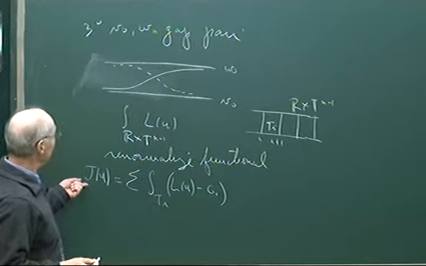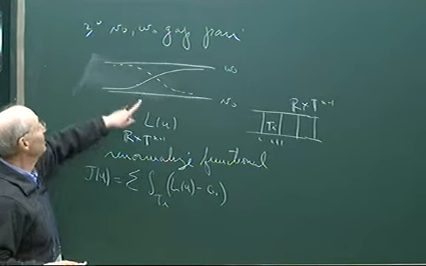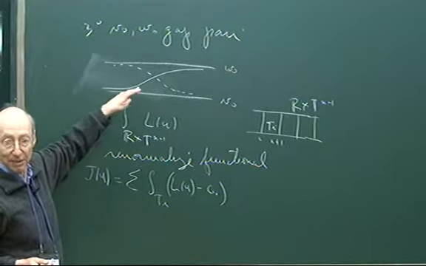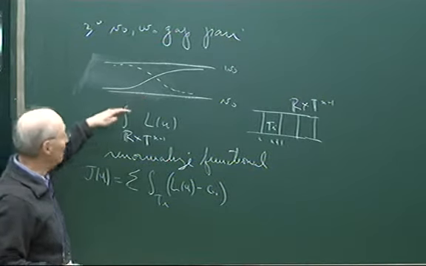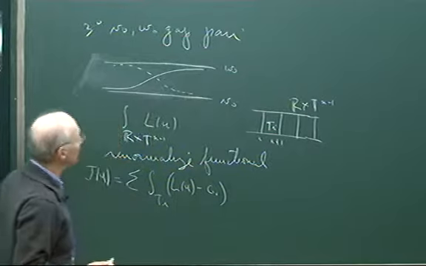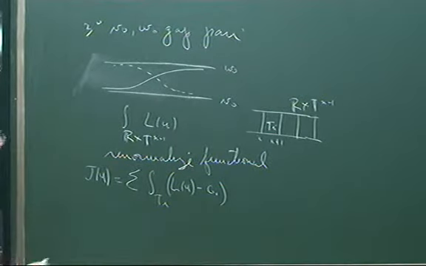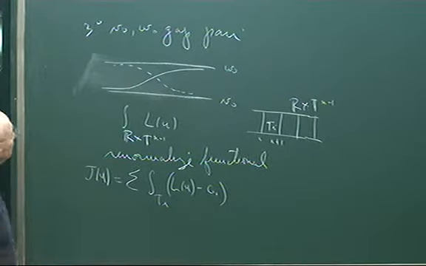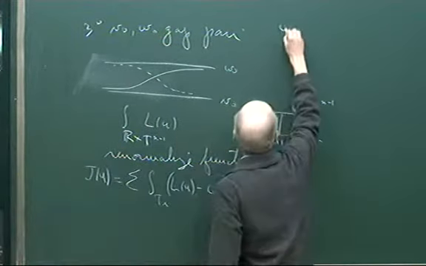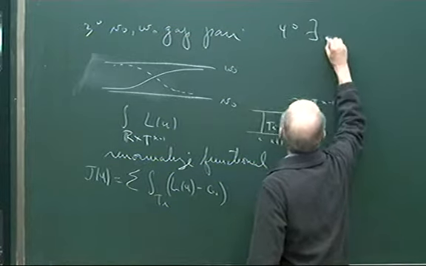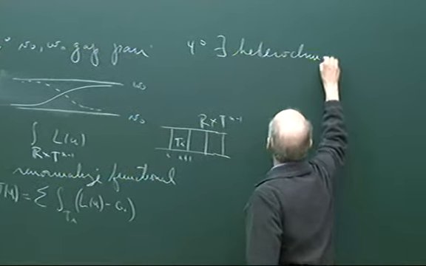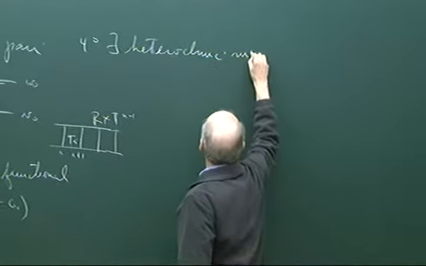You can now minimize this over a more precisely defined class of functions and show there exists a minimizer to that variational problem, which will give you the heteroclinic solution here. And likewise, you can find heteroclinic solutions like that. Okay, so there exist heteroclinics, minimizers.